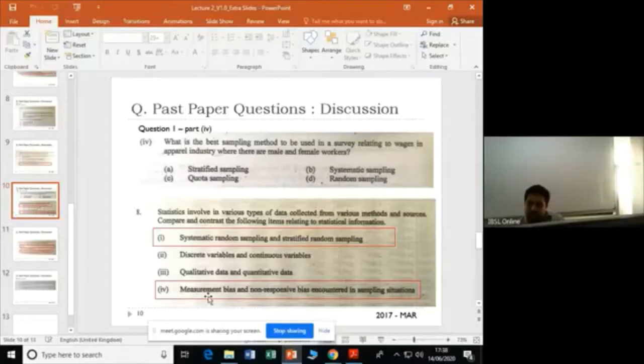Stratified and quota are similar. We discussed the probabilistic and non-probabilistic techniques. Non-probabilistic means quota and probabilistic means stratified. The best is always probabilistic, so you can go for answer A. Stratified sampling, you put everybody into two strata, males and females, and then randomly select people for your study.